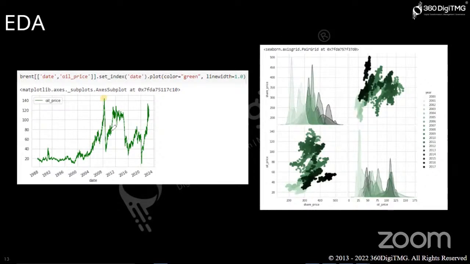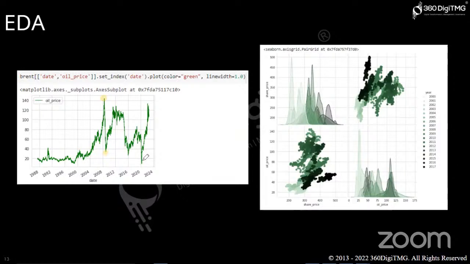In the same way, suddenly this value came down in this period, something like 2009 and 2010. The value went from 140 down to almost $30 a barrel. We are speaking about the barrel price here.